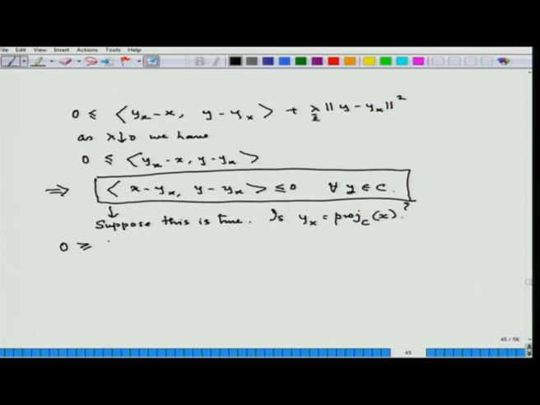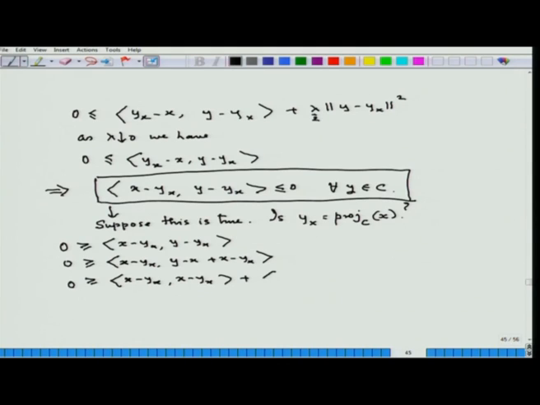So, okay, what you have is the following: 0 is bigger than or equal to the inner product of x minus y x, y minus y x. Again you can write this as y minus x plus x minus y x. So, if you do the inner product, you get x minus y x with x minus y x plus x minus y x with y minus x.